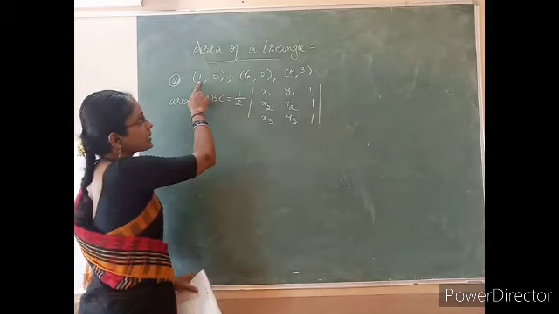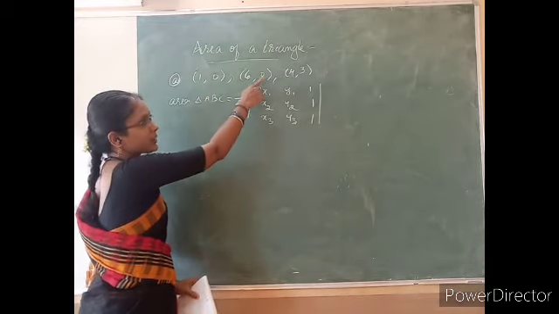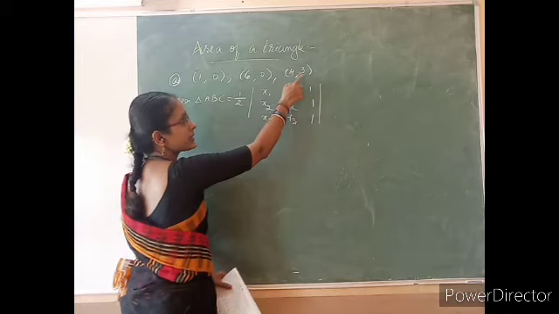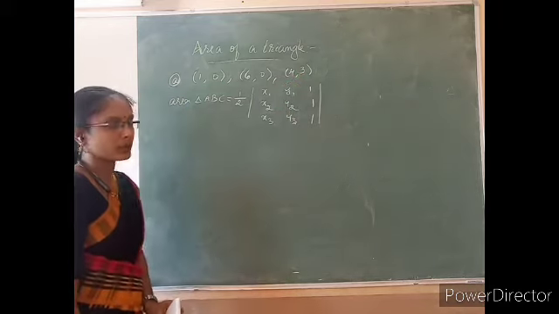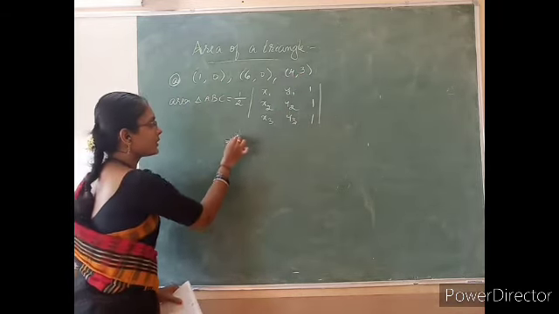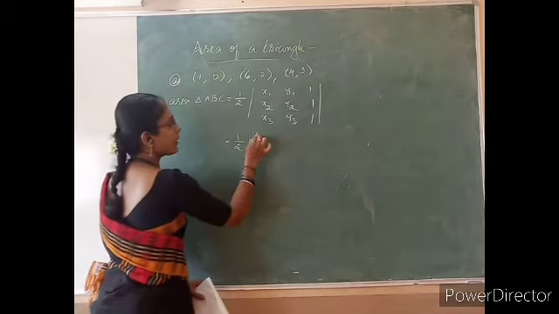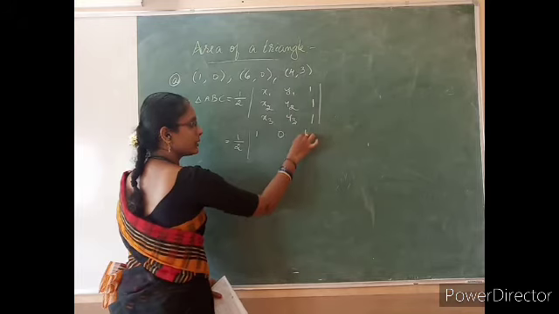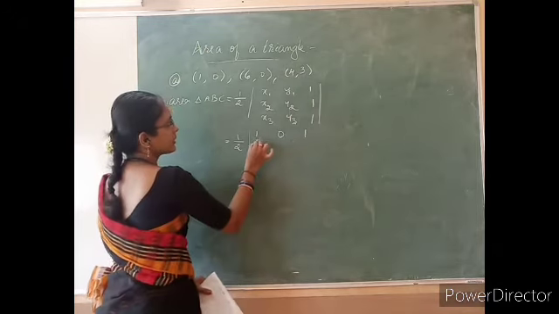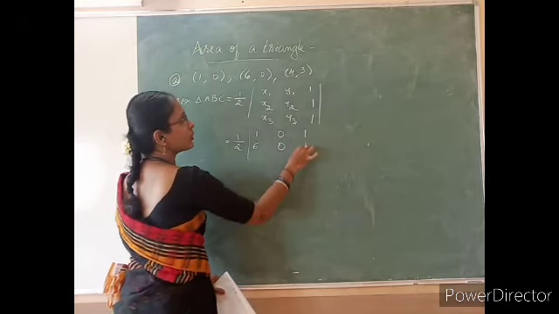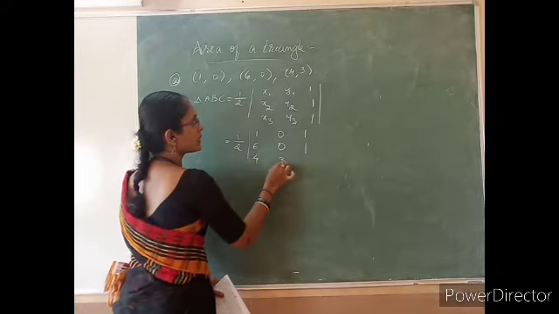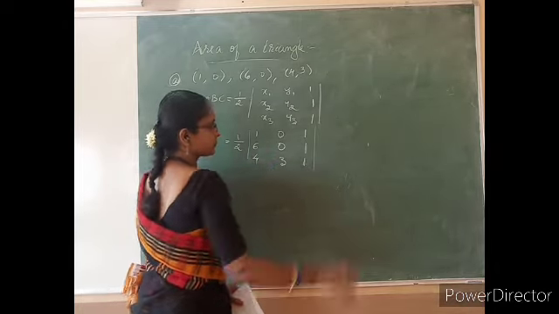Now we will consider these as x1, y1, x2, y2 and x3, y3. Okay, substitute all these values here: 1/2 into the determinant of 1, 0, 1, 6, 0, 1, 4, 3, 1.